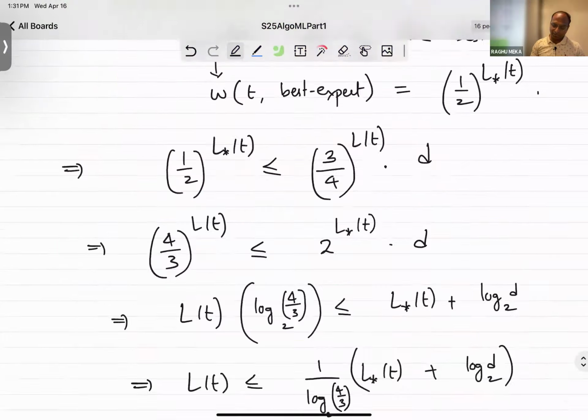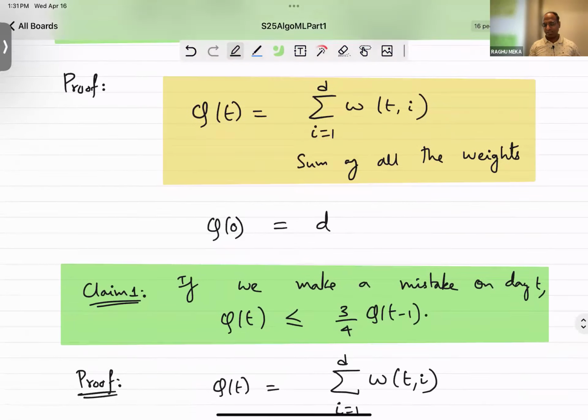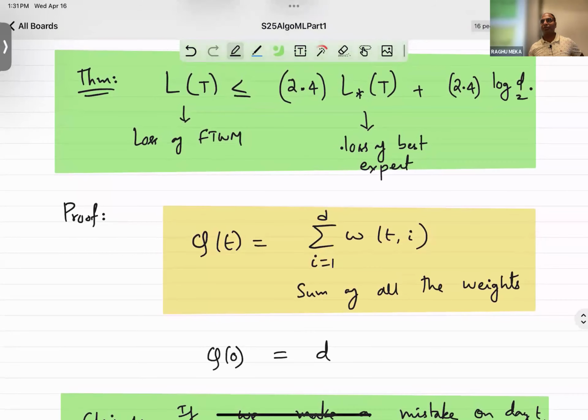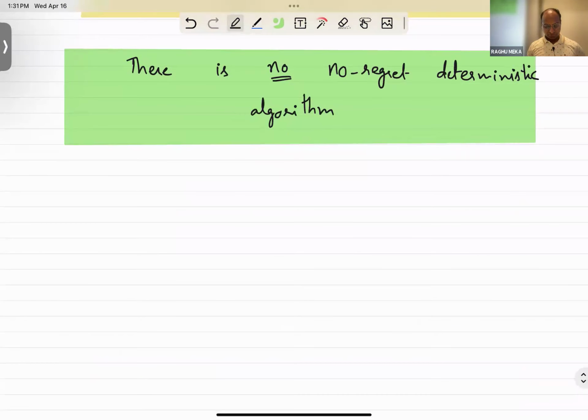So in particular, you can't go back to this and say, oh, maybe I shouldn't be penalizing wrong experts by a factor of half. What if I'm more lenient, say 0.9, or what if I'm more harsh, and I hit them with a factor of 0.1? None of those are going to give you a no regret algorithm. Okay, so this requires a proof, but let's just take it for now.